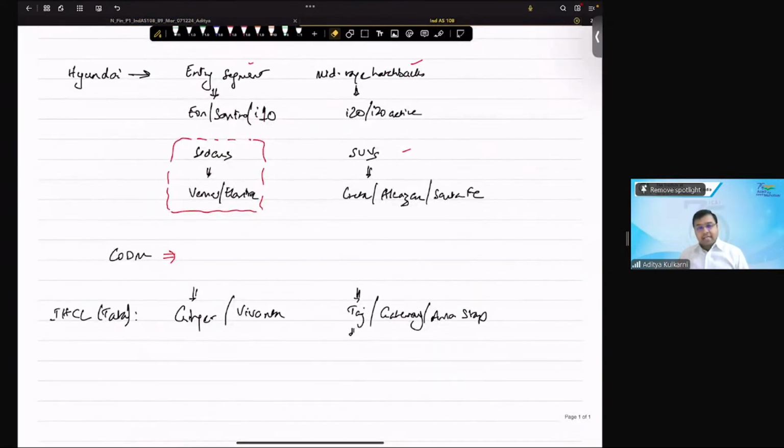So when I come back to this, strategic decisions, if your sedans are not performing well, what are the two strategies you can think of? One strategy is let us allow the sedans to die a natural death. We will not allocate any resources. We will manufacture according to demand.